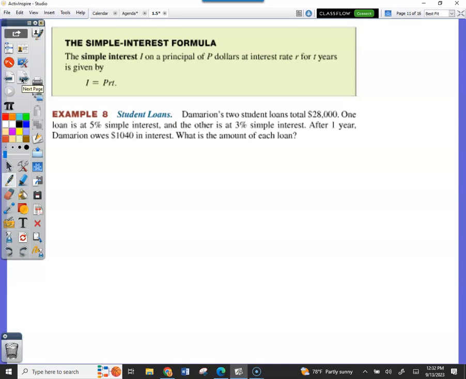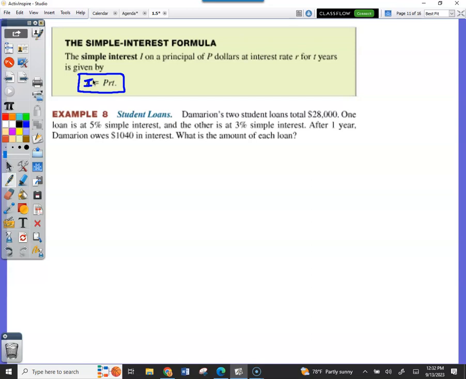Simple interest. Simple interest, no compound, just simple interest. That is an I, by the way. It looks like a 1, but that's an I. I equals PRT. P represents your principal, the principal amount, meaning the starting amount.